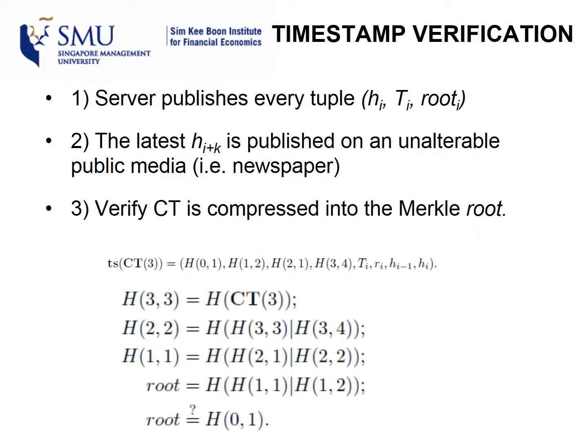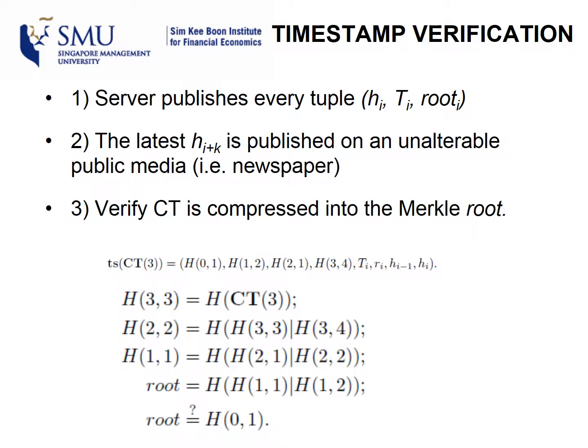Then one needs to verify that his signed contract is indeed compressed into the macro root. For example, for CT3, its timestamp is as follows. Then we can verify that CT3 is indeed compressed into the macro root by the following calculation. First, we calculate H33 as the hash of CT3.